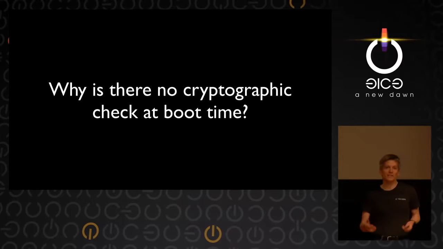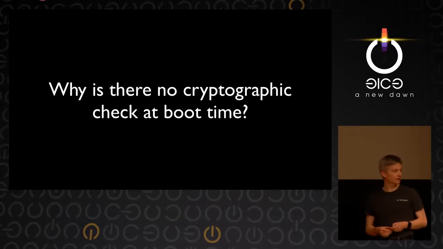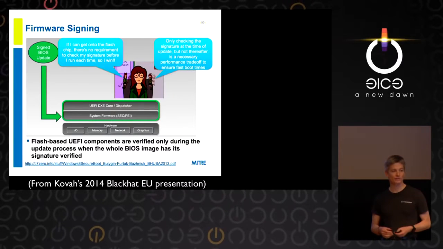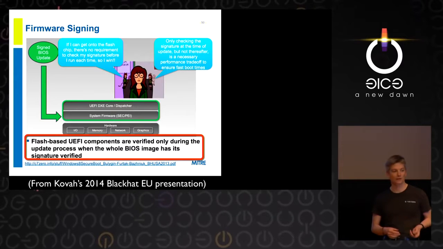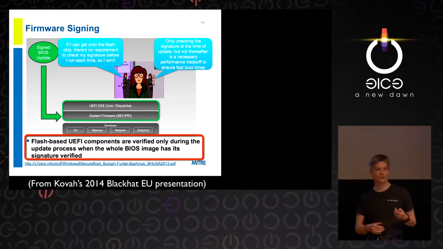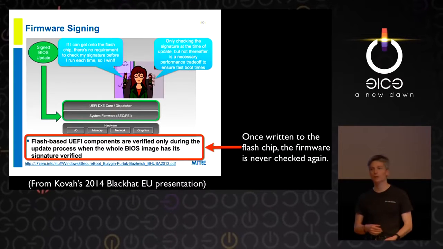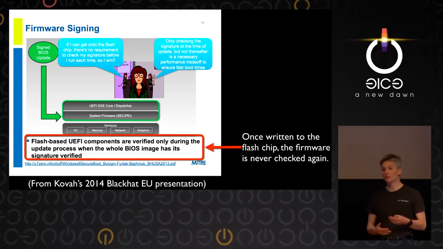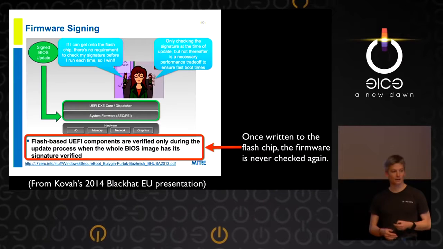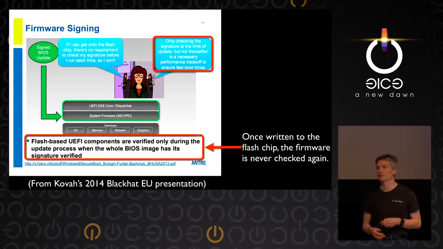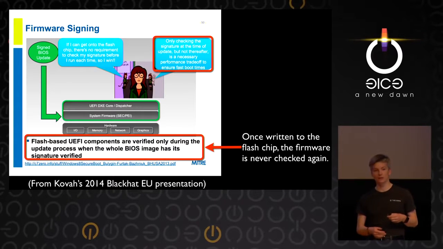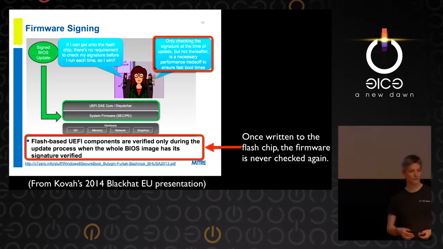You might ask, why isn't there a cryptographic check? Other researchers have looked into this and come to the conclusion that the flash ROMs are only checked when they're being updated. And once it's written, it's never checked again. One possible reason for that is for speed, to have a faster boot time.